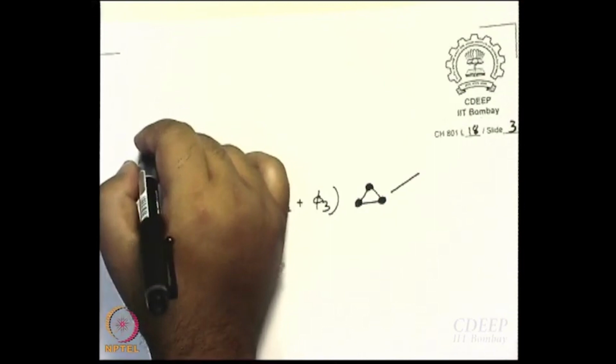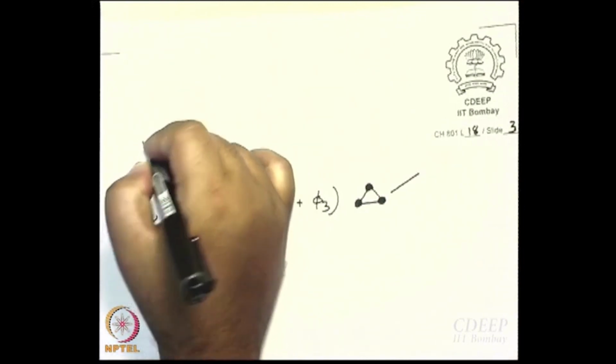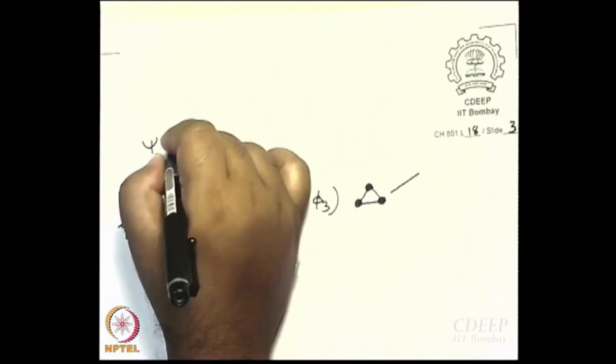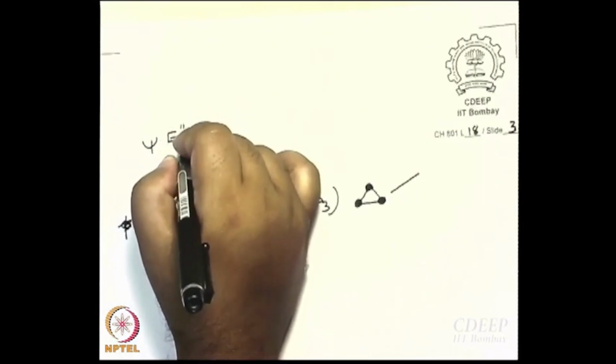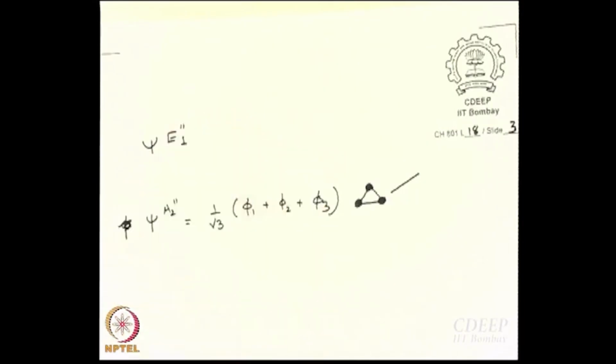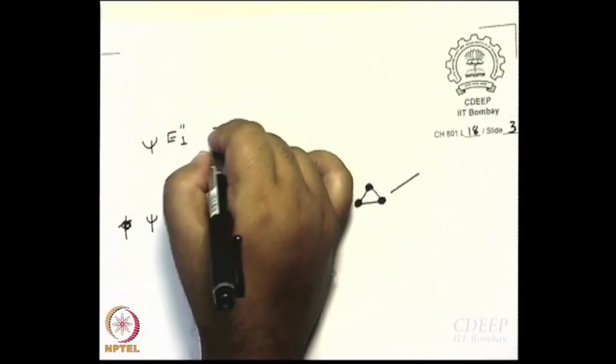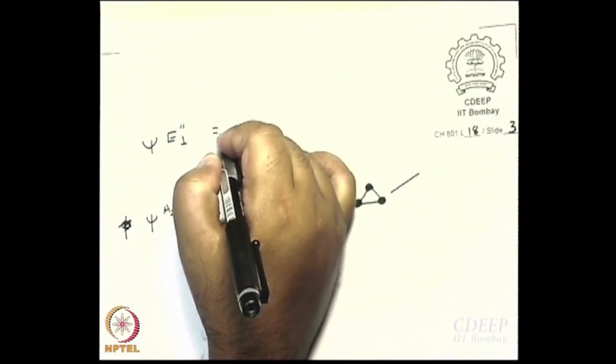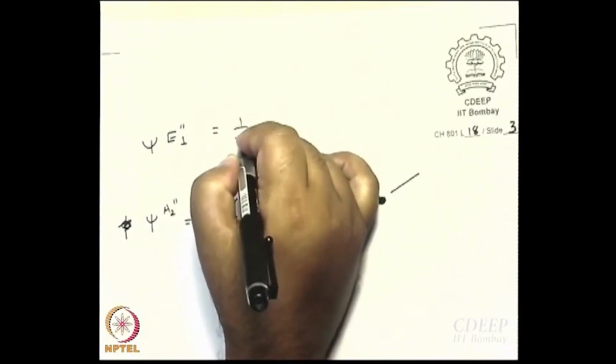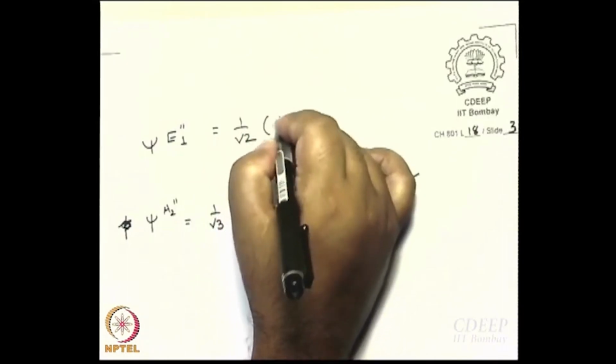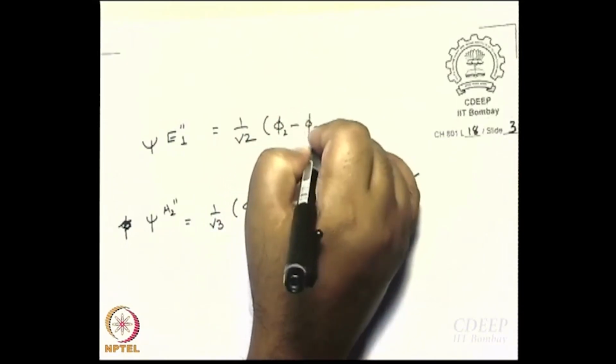Now, next one, psi E double dash, I will put the subscript here, 1. What is it? Let me write the simpler one first, 1 by root 2 phi 2 minus phi 3.